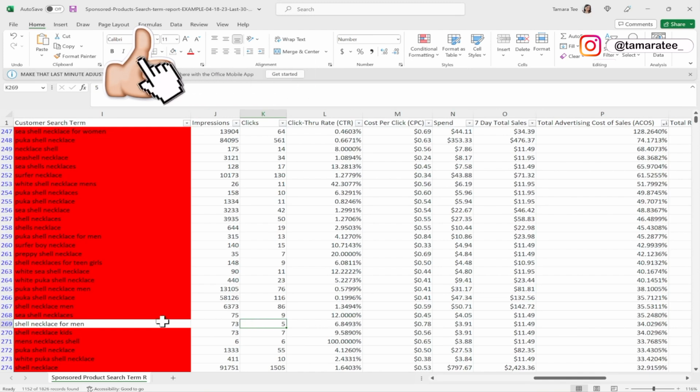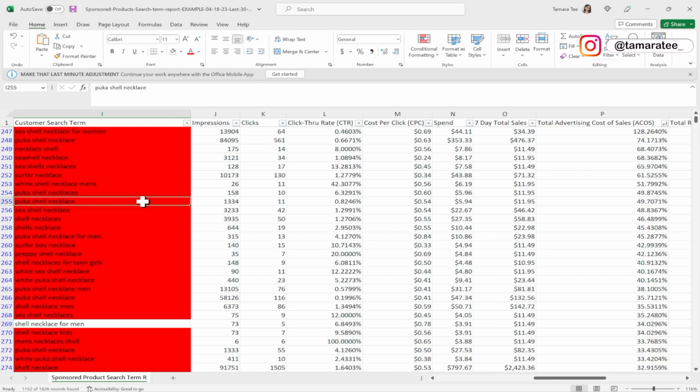I always like to give keywords about 10 to 15 clicks before I decide whether or not it should go into negative phrase or negative exact. This is a huge mistake that a lot of sellers make: they negative way too many keywords upfront, and then they tell me, Tamara, I have no more customer search terms coming in when I run my PPC campaigns. Why is that? It's probably because you are over optimizing, and that is such a thing.